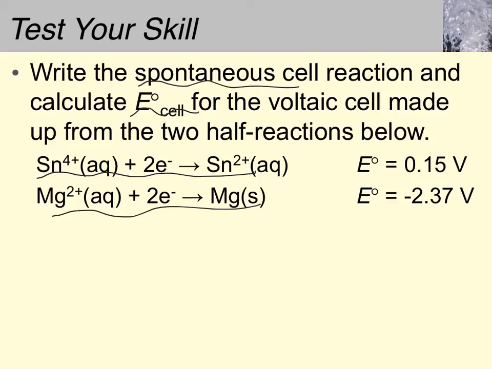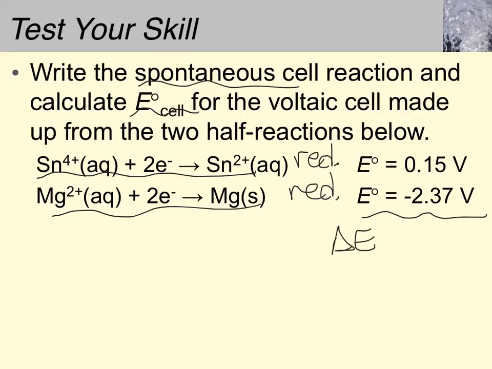Since they're both pulled directly from the standard reduction table, they're both written as reduction reactions. So you have to decide which one to flip and have it become an oxidation reaction. You select that by choosing the one that will give you the largest overall delta E.